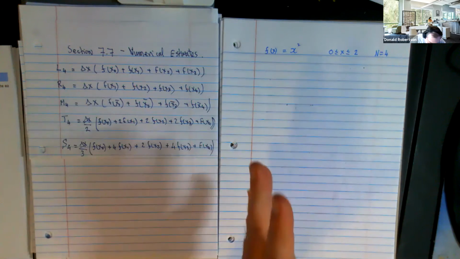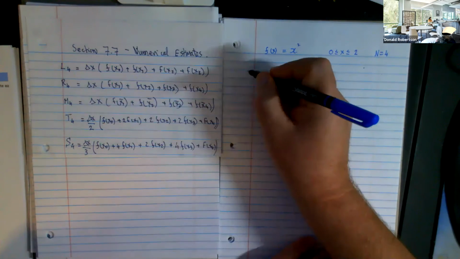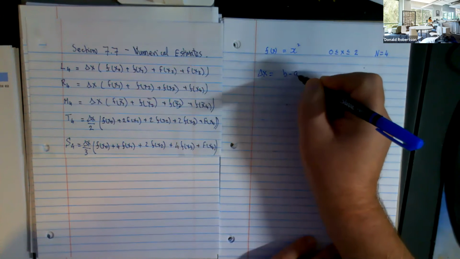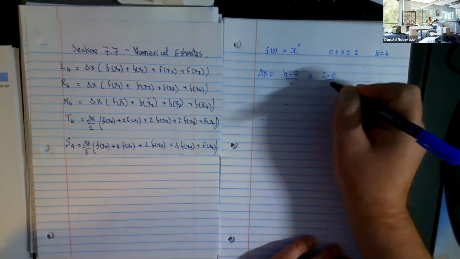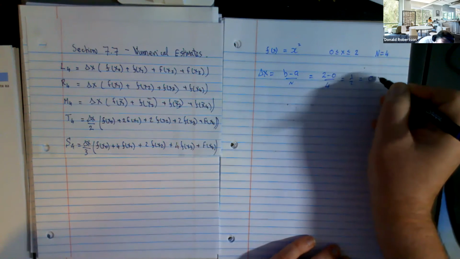We've had lots of practice at left and right, hopefully, so I won't spend any time on them. But you haven't seen trapezium 4, Simpson's 4, and midpoint 4. So let me show you those. No matter what method you use, your first step is going to be to find delta x. In this particular question, it's going to be a half, right? 0.5.